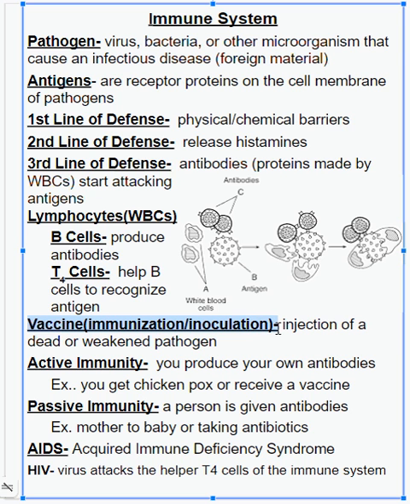Vaccines, which we've discussed a little bit earlier in our school year, are injections of dead or weakened pathogens. But don't forget, our current COVID vaccination is a result of mRNA being used to produce that vaccine. Active immunity is a result of your body producing antibodies.